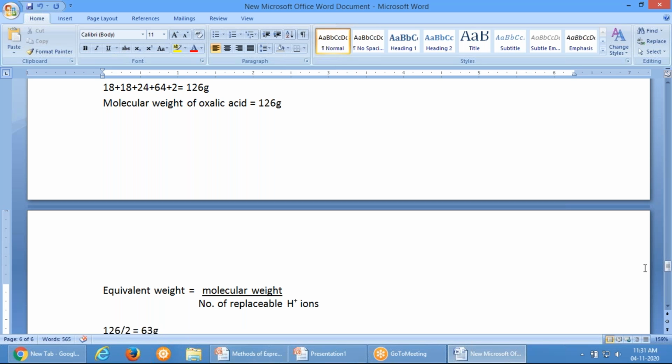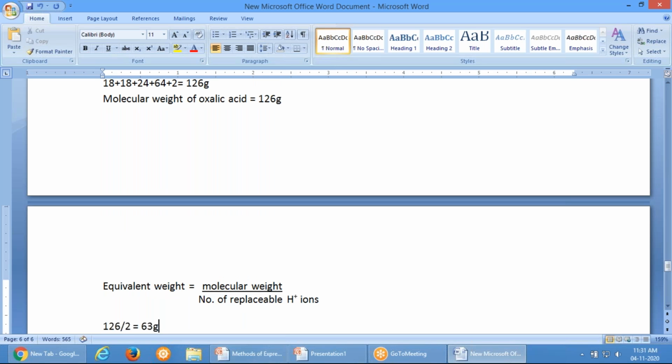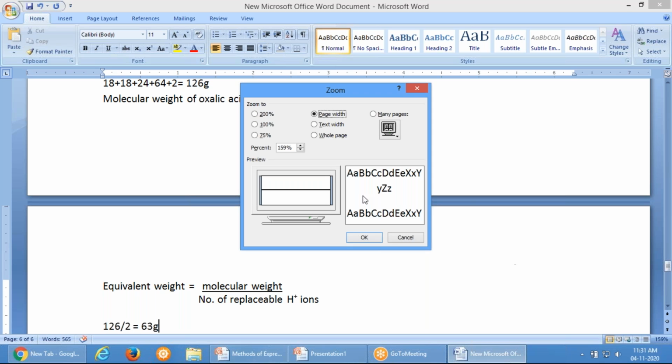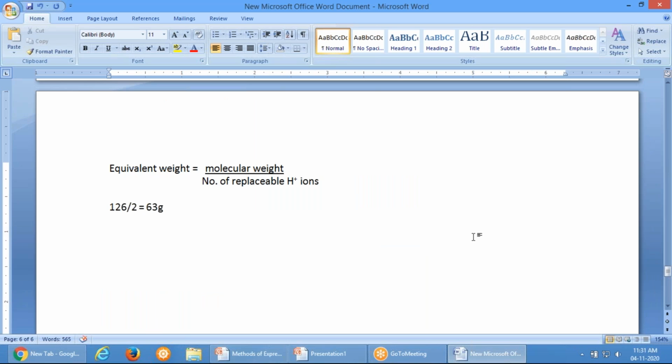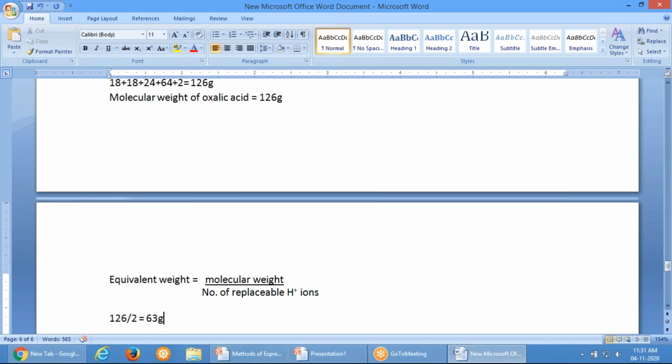When you want to prepare a molar solution, how much will you take? 126 grams. But when you want to take a normal solution, you need to take 63 grams.